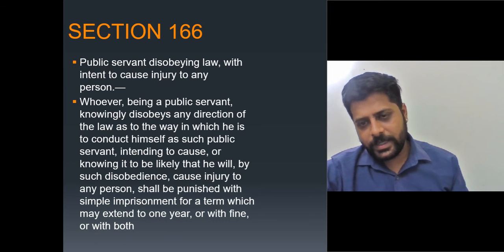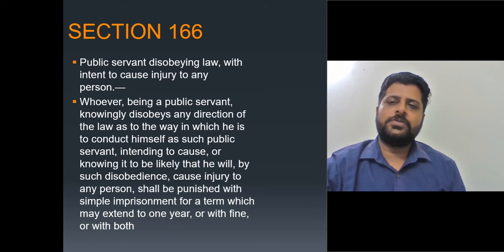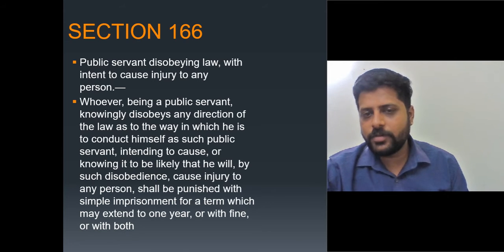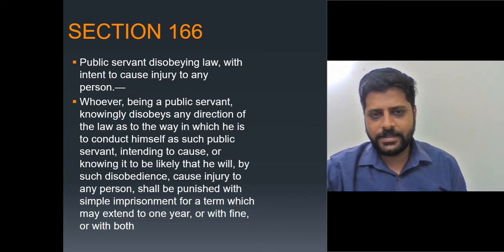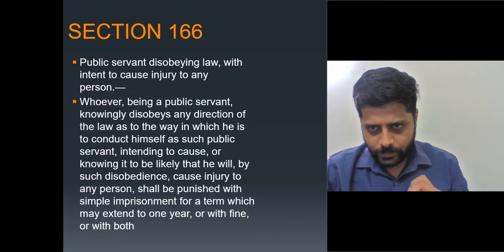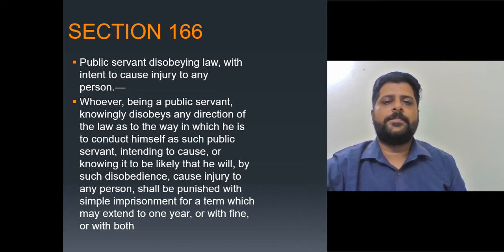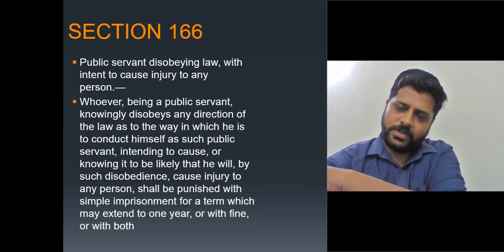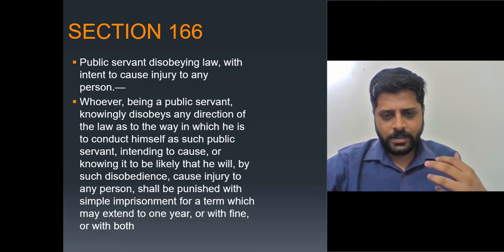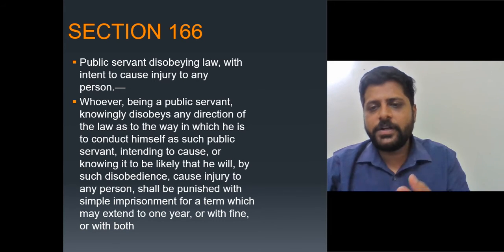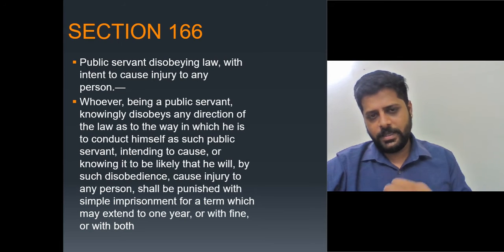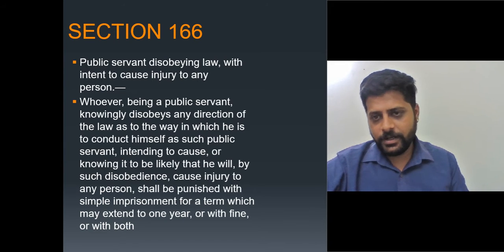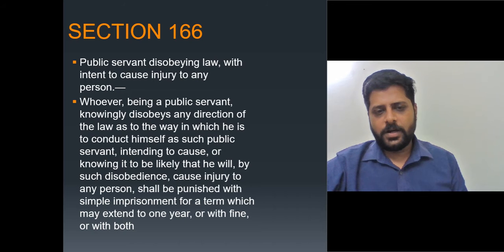Again, the person is a public servant, as mentioned in section 21 of IPC, and he knowingly disobeys the direction of the law which is given to him by the law, and in his conduct he intends to cause injury to the public or any person.